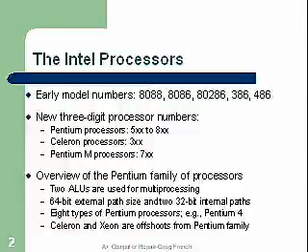New 3-digit processor numbers: the Pentium series, the 500 to 800, the Celeron, the 300 series, and the Pentium M processor, 700 series. Overview of the Pentium family of processors. 2 arithmetic logic units, ALUs, are used for multiprocessing.